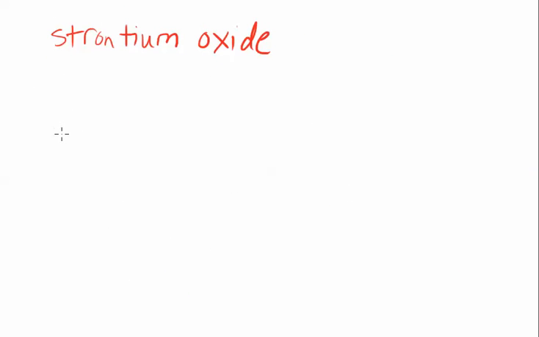Strontium oxide. The symbol for strontium is Sr. It's an alkaline earth metal. It's got 2 valence electrons. It will lose those, so it will form an ion with a charge of +2. Oxide is O. It's got 6 valence electrons, so when it forms an ion, it will gain 2 to get to 8. So it is -2.